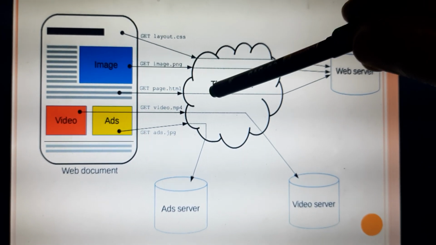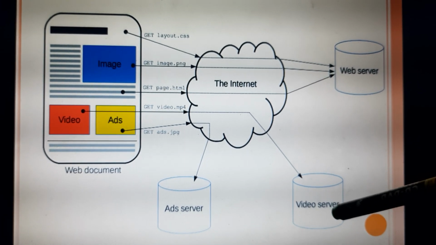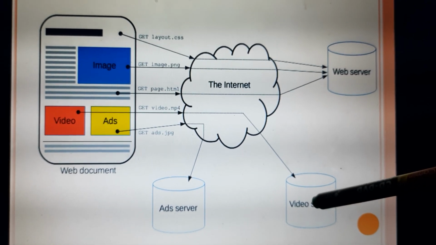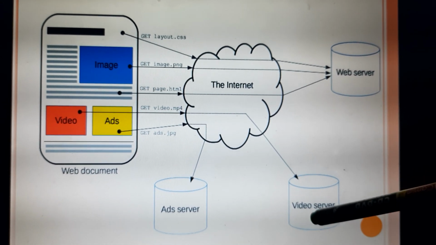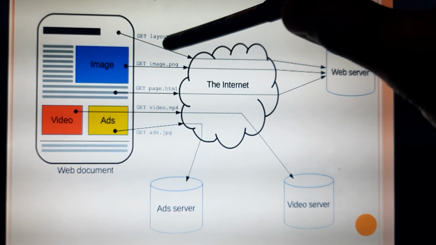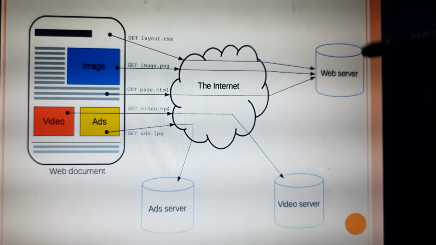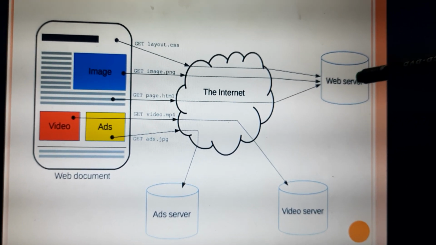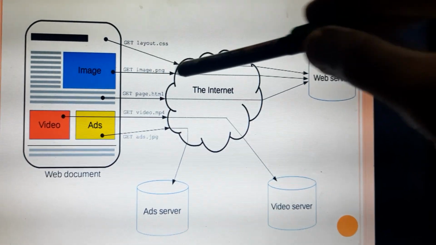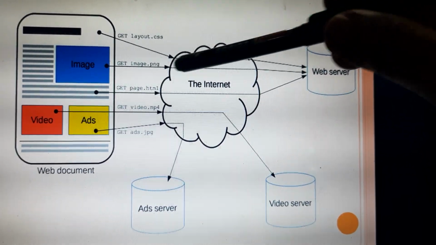Now when the request is placed for a particular server, the server receives those requests and responds to those requests. Say layout.css might be available in the web server, so the web server will respond to this first request and give the layout.css.